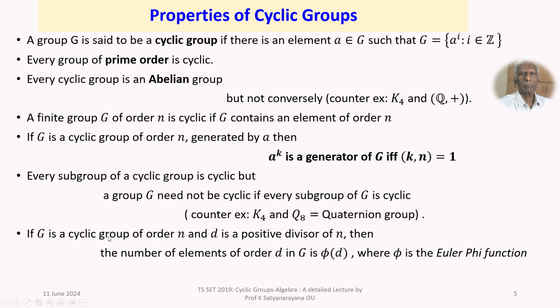So you have a cyclic group of order n and d is a positive divisor of n, then the number of elements of order d in G is phi of d, where phi is the Euler's phi function. Agreed.